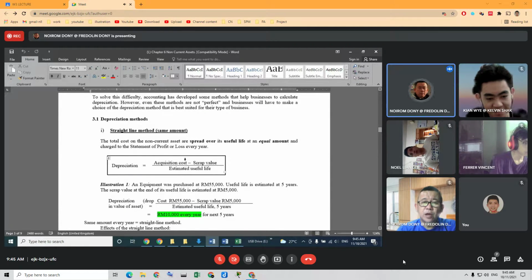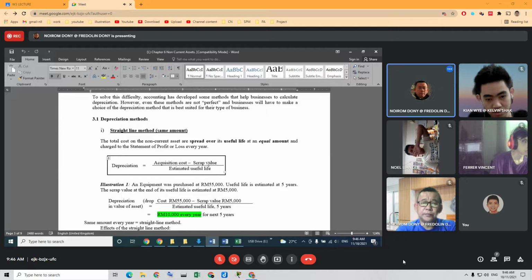So acquisition cost, these are the costs that we discussed just now, include the purchase price and any incidental costs involved to bring the non-current asset to its current location and current condition. So that will be your acquisition cost. Then you less the scrap value. So the scrap value is an estimate of how much the asset is worth at the end of its useful life.